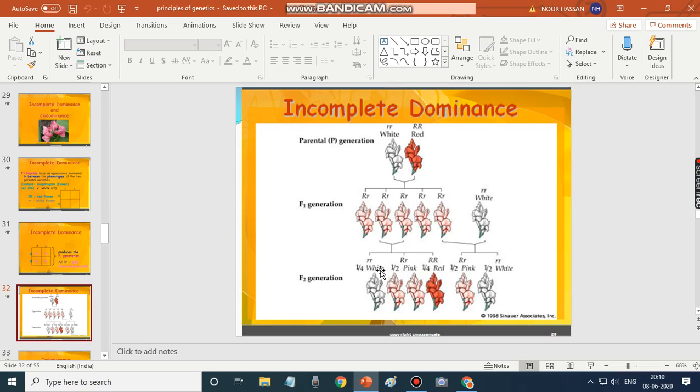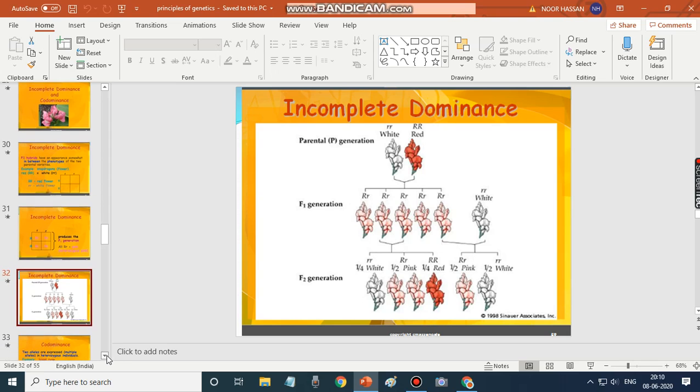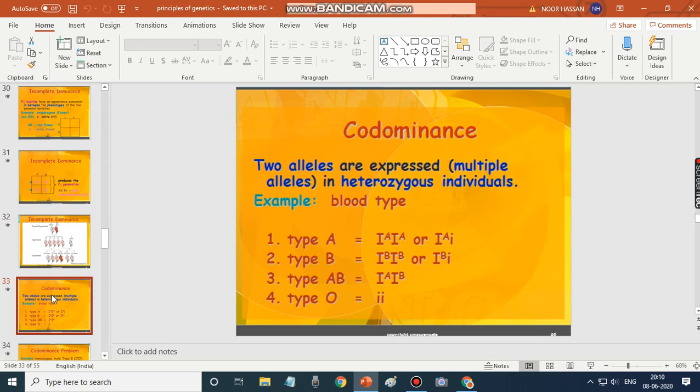When capital R, small r is crossed with capital R, small r, capital R is red, small r is white, but capital R, small r is pink. So one fourth is white, one fourth is red, and half of the flowers are pink in color. This is how the pink color appears, and this is called incomplete dominance.